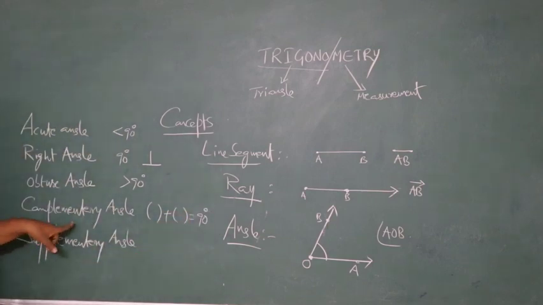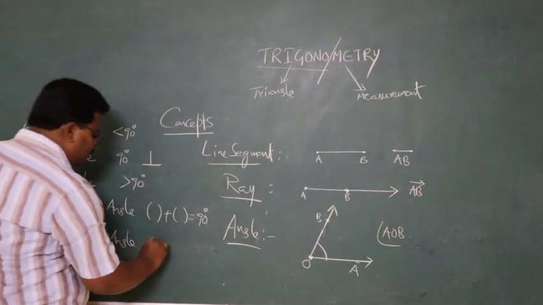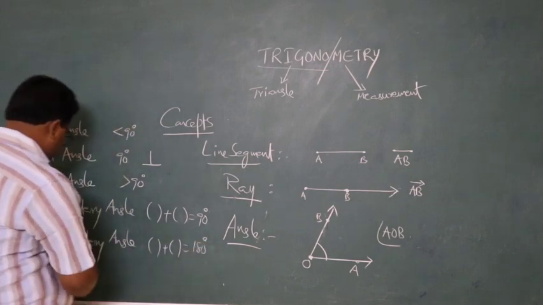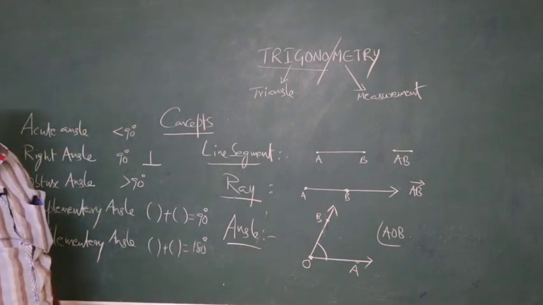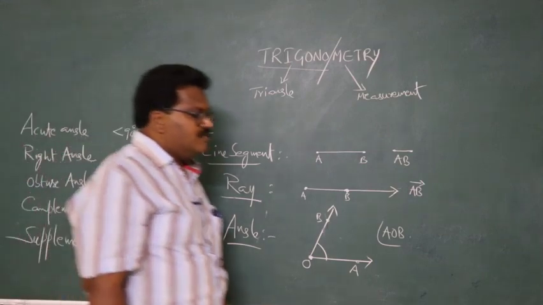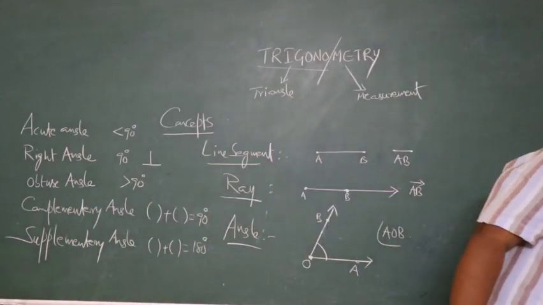If the sum of the 2 angles is equal to 180 degrees, this is called supplementary angle. So, these are the basic concepts of the angles.